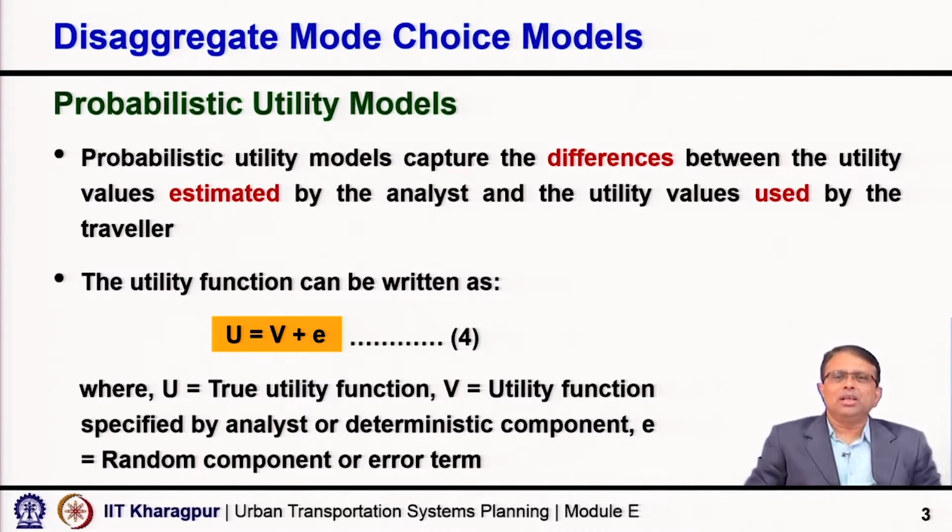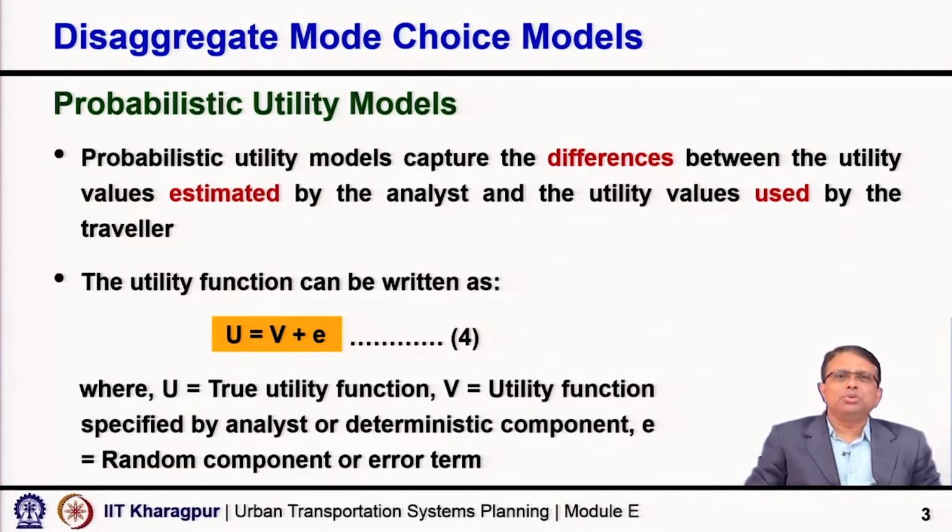That is the utility function specified by the analyst, and this is obviously the deterministic component, because here we are taking attributes and coefficients, all such attributes are measurable and we are including them in the model, and this portion we can calculate. For each mode or each alternative we can get a value of this. So, this is called the deterministic component of the utility, and in each case there could be an error.